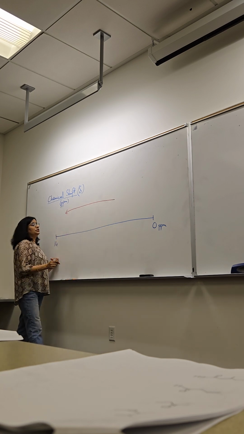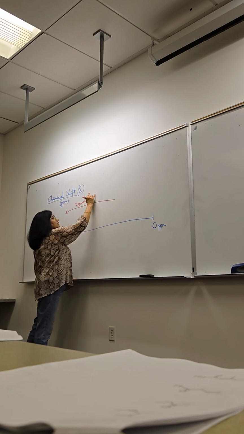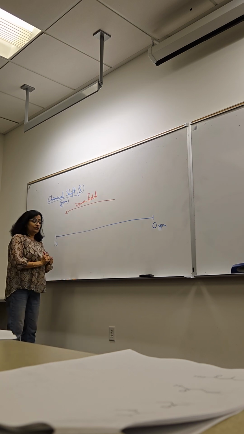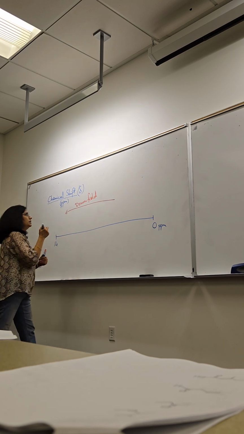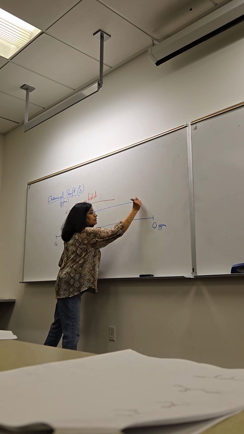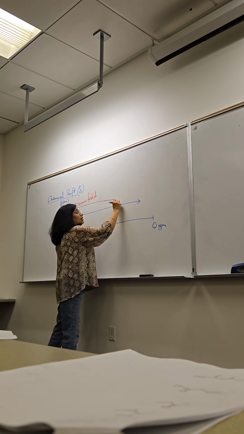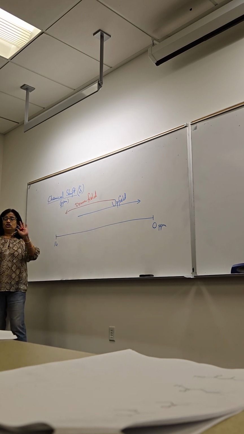So going in this direction, we call this downfield. This is a relative term, it's not an absolute term. So the higher the value, the more downfield it is, the smaller the value, the more upfield the signal is. So inversely, relative to each other.